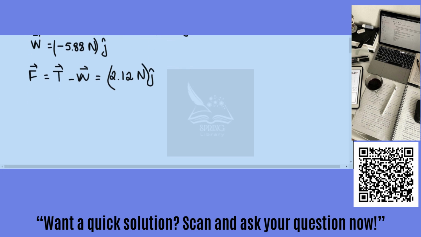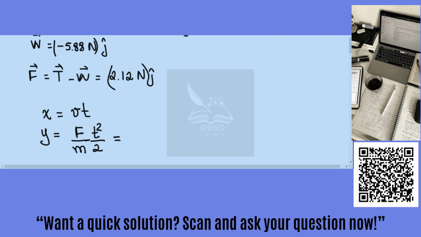Okay, so let's write the equations for the x and y coordinates. Notice that there's no force in the x direction, so it's all going to behave as a uniform motion. So x is equal to v times t, since v is in the x direction, and y is equal to y0, which is 0, plus v0 in the y direction, which is 0 t, plus the acceleration, that's the force F divided by the total mass m, times t squared over 2.